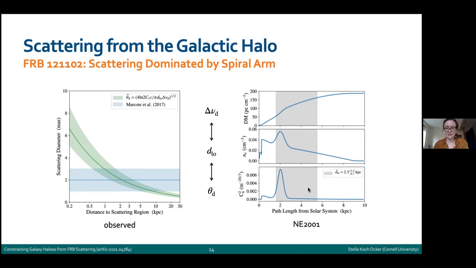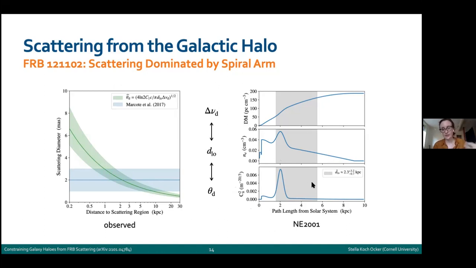And so this region is shown on the right here in gray, and this plot is showing you the DM, electron density, and C_n squared, which is the amplitude of the turbulence spectrum, as a function of path length from the solar system, as predicted by NE2001 for this line of sight. And so you can see that the distance to the scattering material is consistent with the outer spiral arm, which lies at about 2 kiloparsecs.